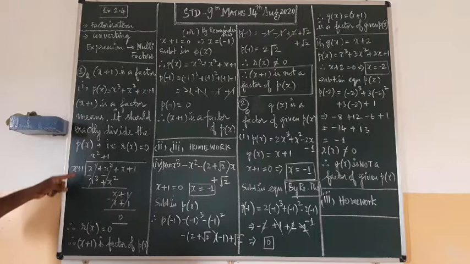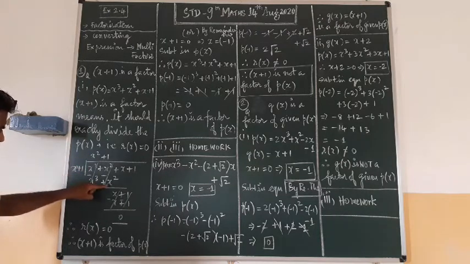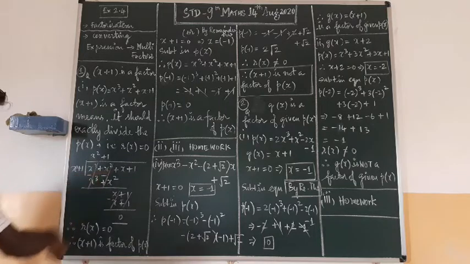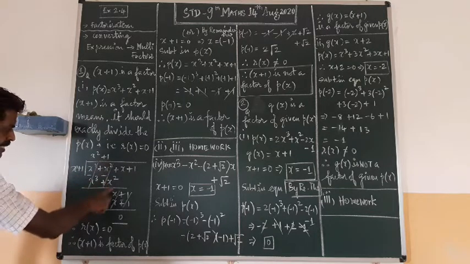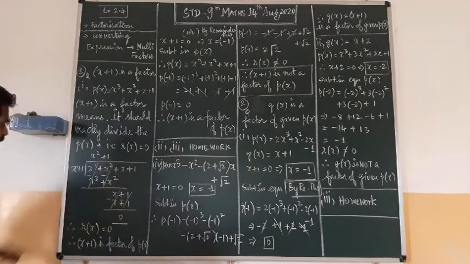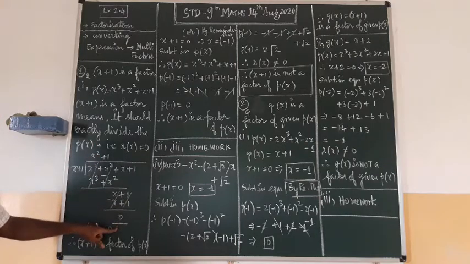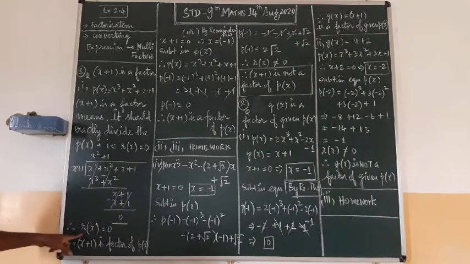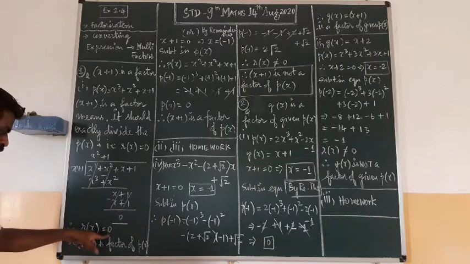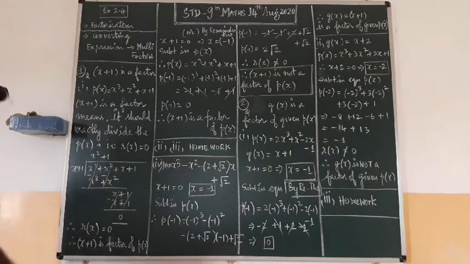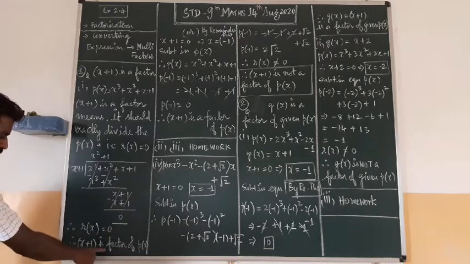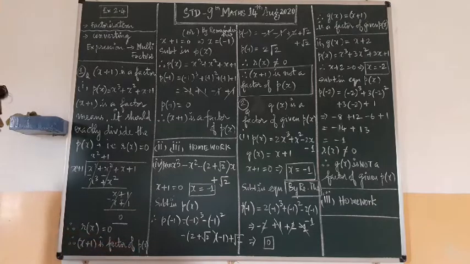Then x square, meaning x cube. x into x square you need. Then plus minus, you change the sign. It will be cancelled. Bring down this x, bring down this 1. Only one time exactly, you are getting remainder 0. So therefore the remainder r of x equals 0. If it is 0, it means x plus 1 is a factor of p of x. Okay, that is the first problem.